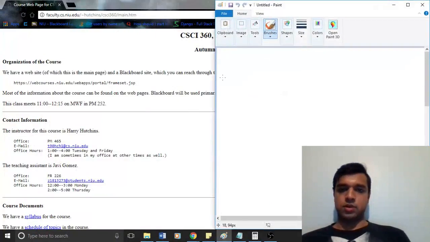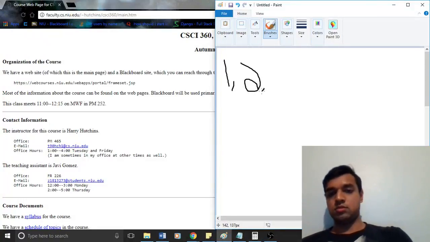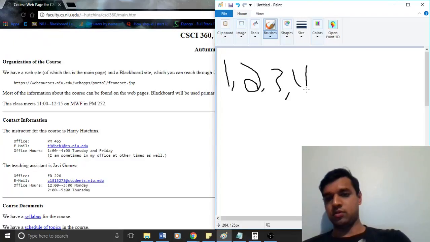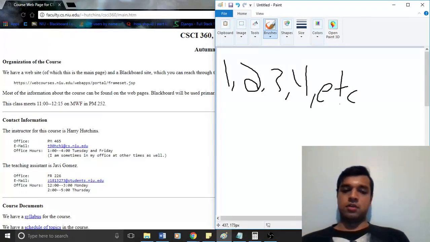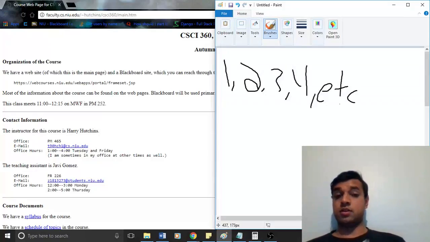So let me begin by talking about decimal number system. The decimal number system is the generic number system that we go off of, which is 1, 2, 3, 4, etc. The number system that we learned in kindergarten is considered a decimal number system.